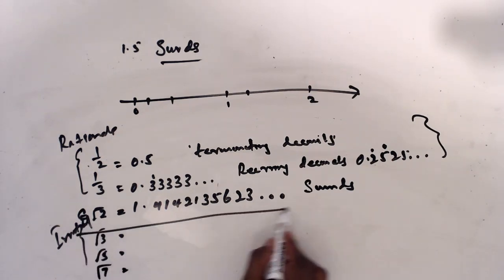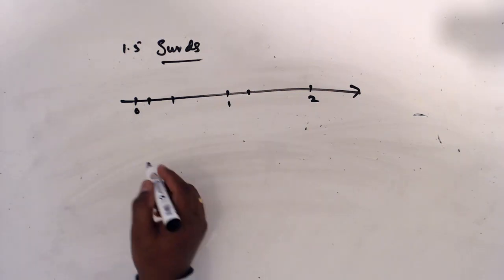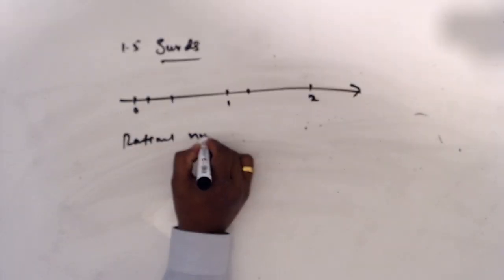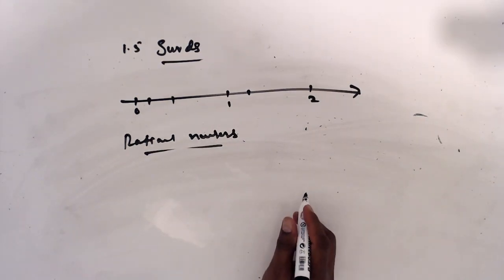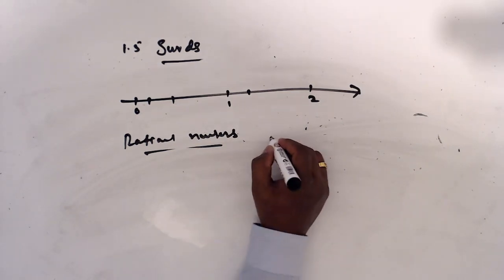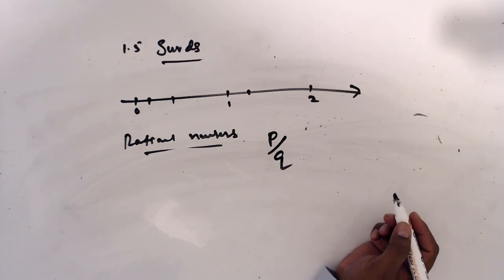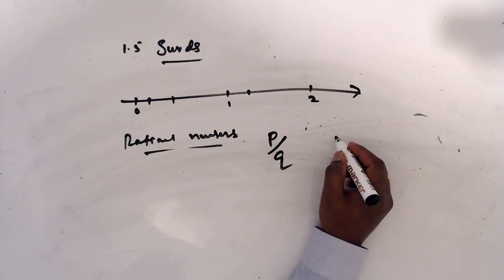So this is the relationship between surds and the irrationals. Rational numbers: usually we define any number that we can write in P over Q form as a rational number.